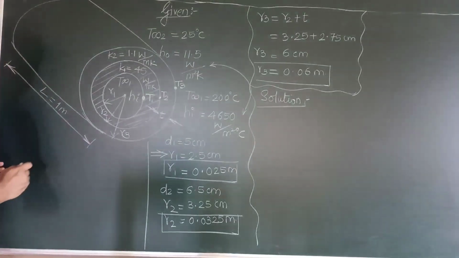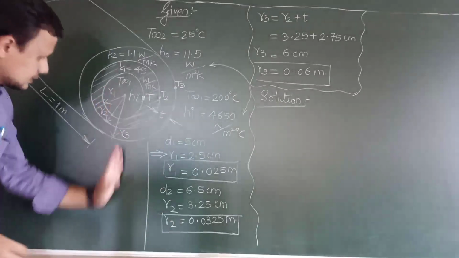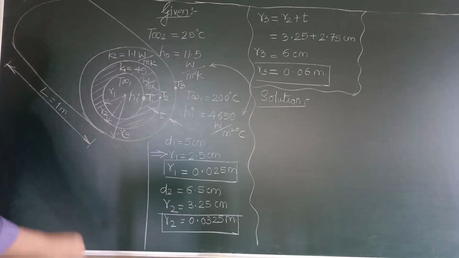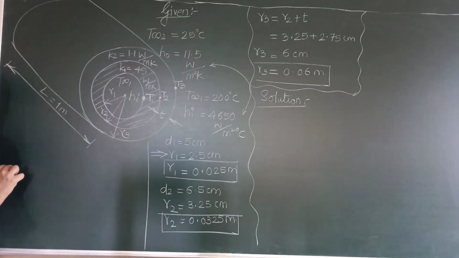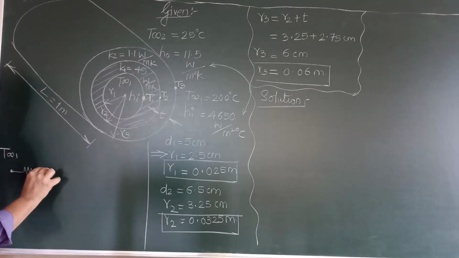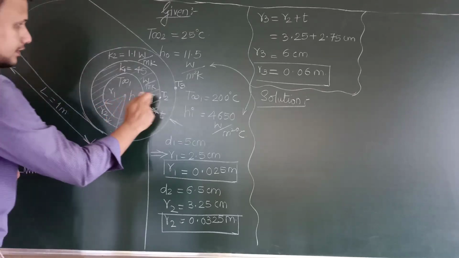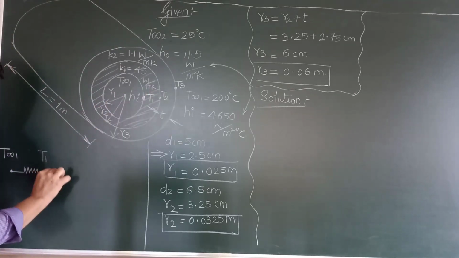So step by step we can go. It is not necessary that everything should come down the line itself. I can start from anywhere. So my first point here will be T infinity 1. There will be the first resistance. Then there will be T1. Between T1 and T2 there will be the second resistance.